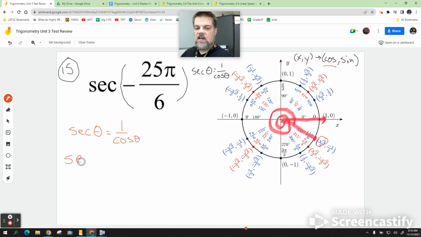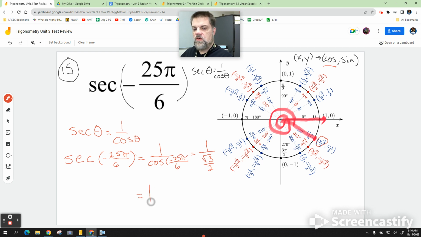So if I say secant of theta is equal to 1 over cosine of theta, then secant of negative 25 pi over 6 is equal to 1 over cosine of negative 25 pi over 6, which is equal to 1 over the square root of 3 over 2. Is that right? So we're almost done.